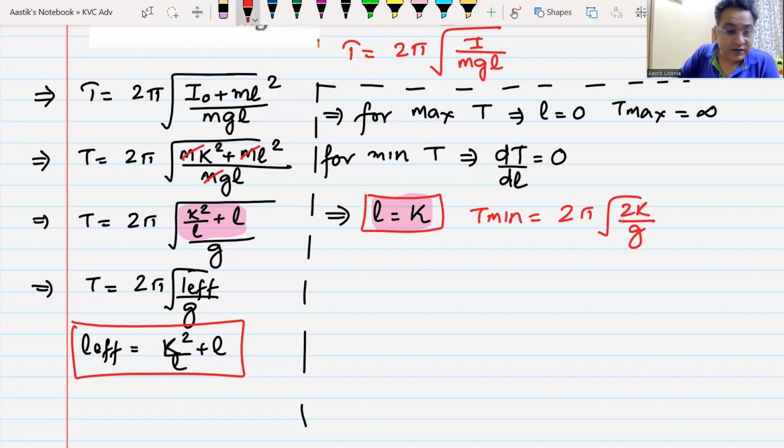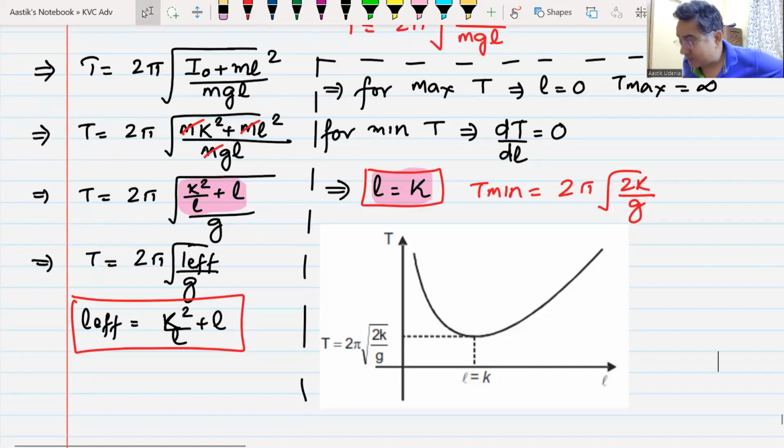A very, very important result. I hope I have emphasized the importance enough for you to understand how big this result is, and that it can easily make a big difference if this question comes.